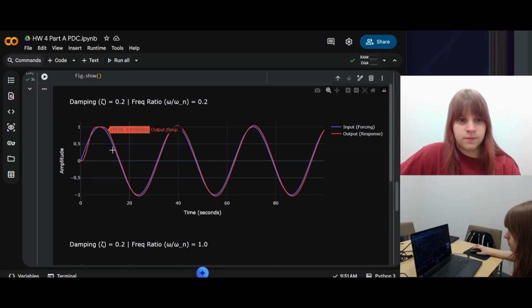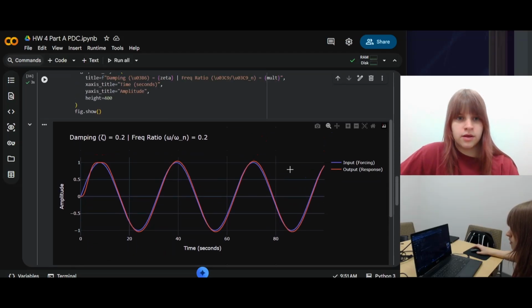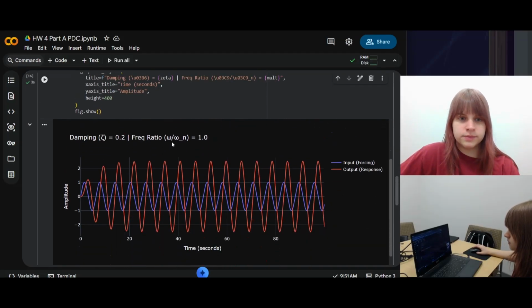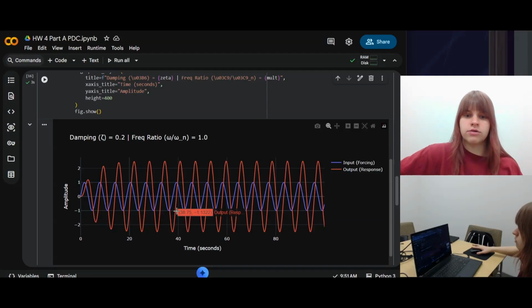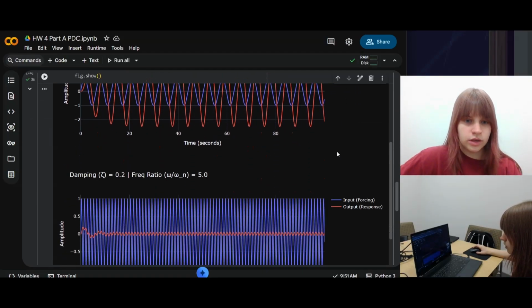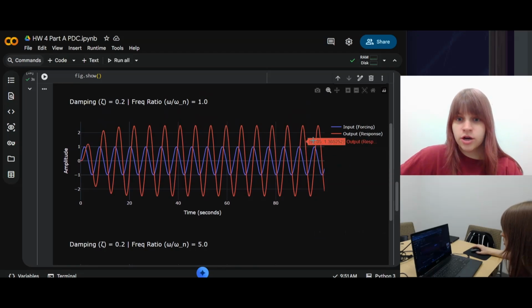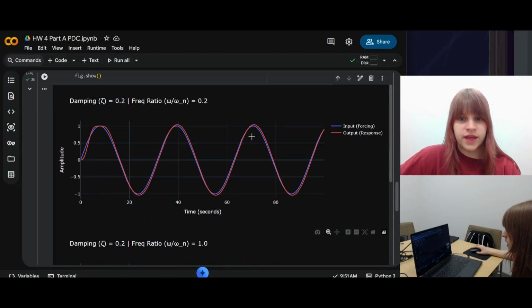As you can see, the input and the output aren't too mismatched or anything. And as we go down, when we reach the resonance frequency, our output exponentially just grows. So here our output has grown a lot more than the input.